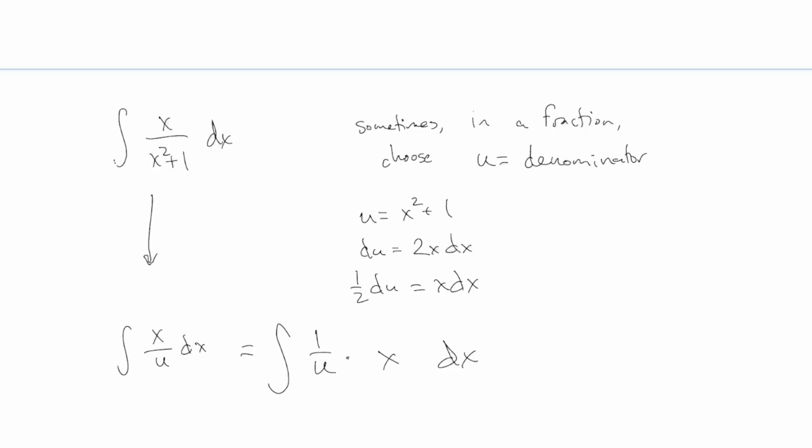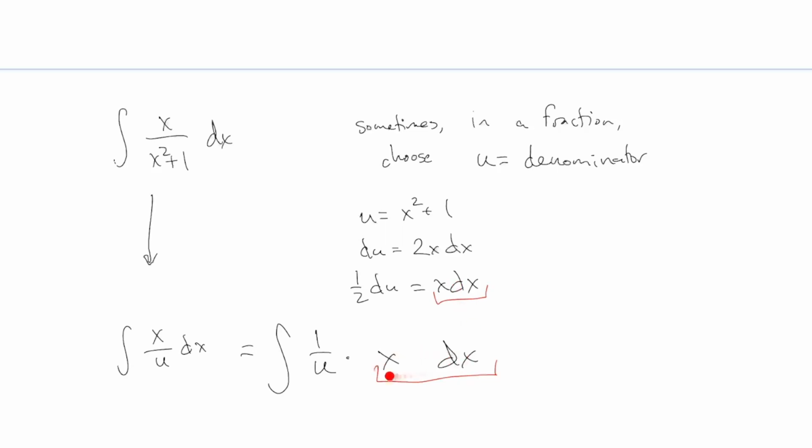Yeah, so in this case, rearranging things involves splitting up the fraction. I hope everybody agrees. If you have a fraction x divided by u, that's the same as 1 over u times x. This is how you would split it out. You split out the denominator, of course keeping it in a denominator, and then the numerator is the other part. All right, excellent. And now, the next thing that I would typically do here is look at x dx and try to plug that in based on the du stuff, and I do see x dx right here.